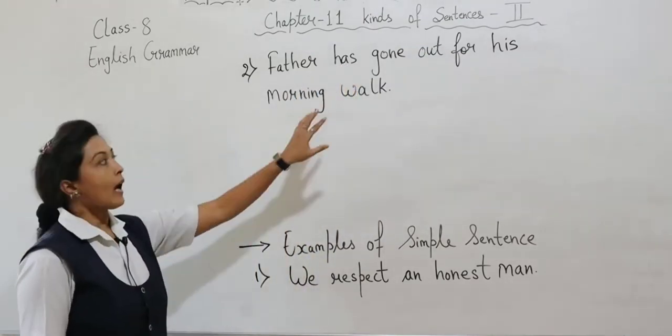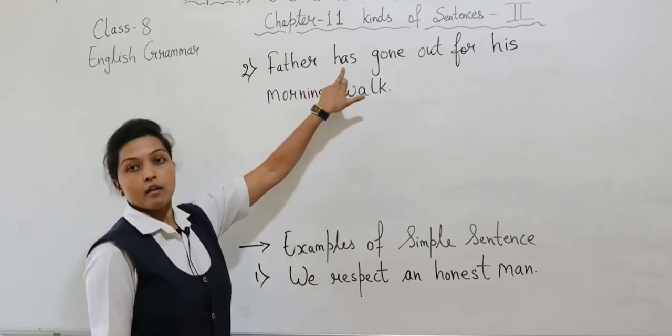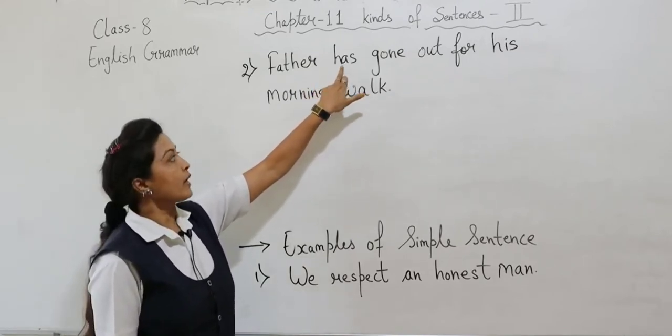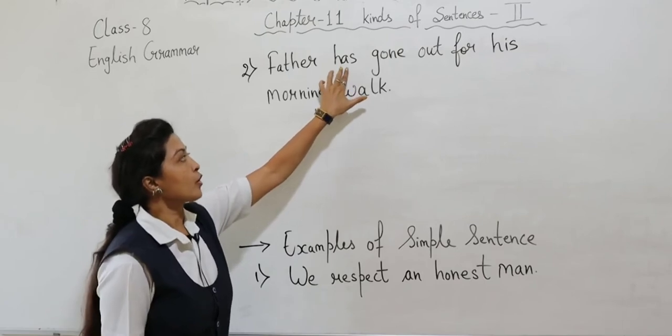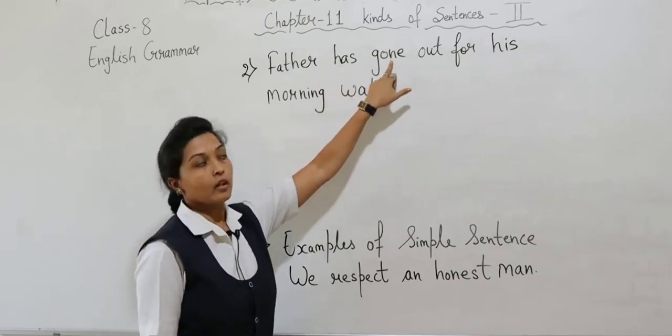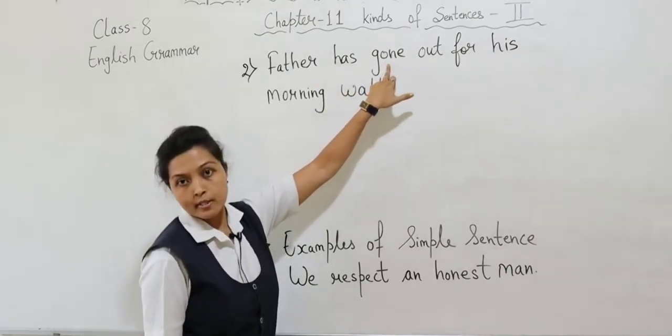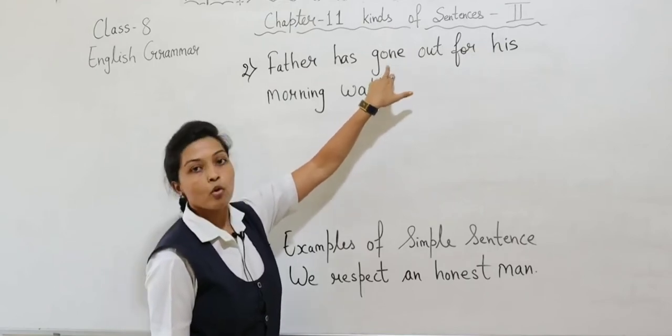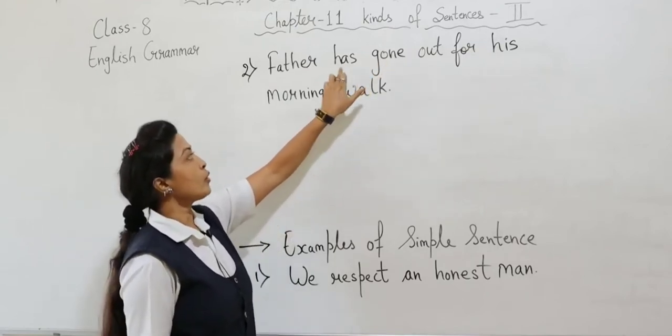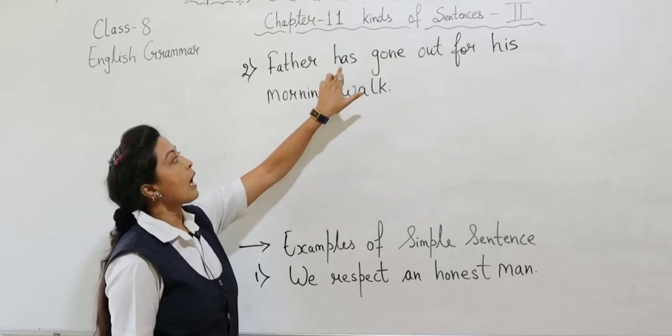Now, why has is taken as one finite verb? So, here gone is the past participle of go, and with gone we use auxiliary verb has.